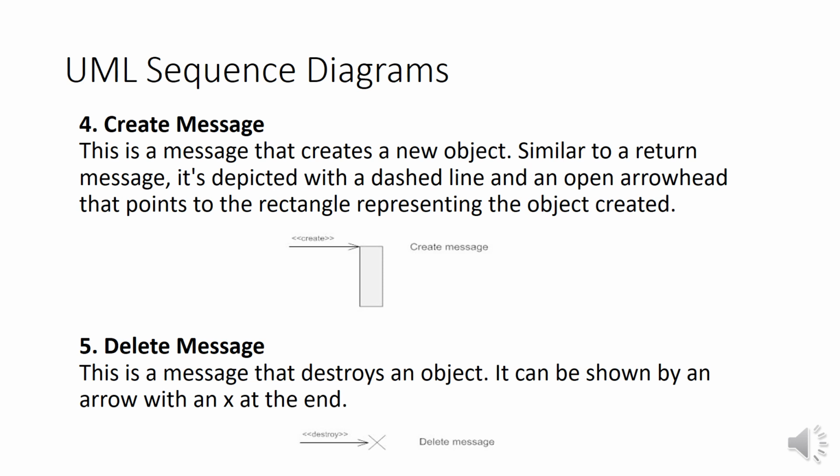The create arrow goes from the lifeline of the sender to the rectangular box containing the object that is created. So the arrow goes from the sender's lifeline to a rectangular box, and inside that box is the name of the newly created object. So during interaction, a participant can create another participant; one object can create another object. For example, a database is an object, and it is creating a database record. You can take this as an example.